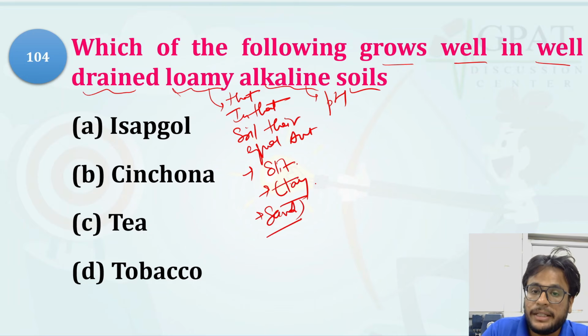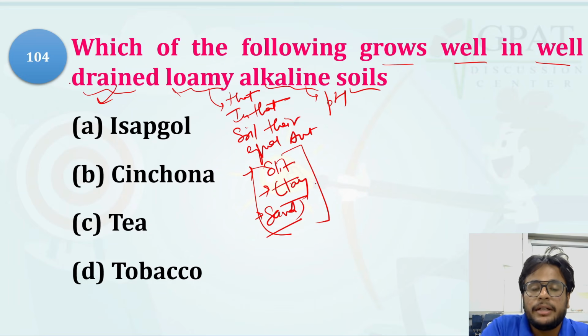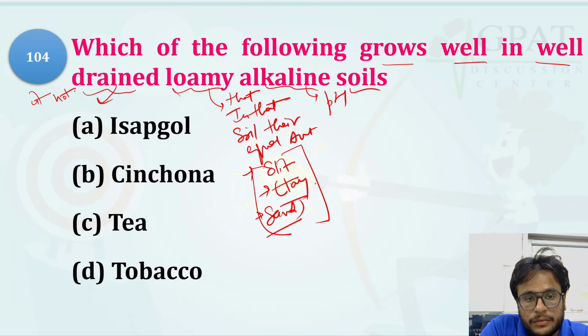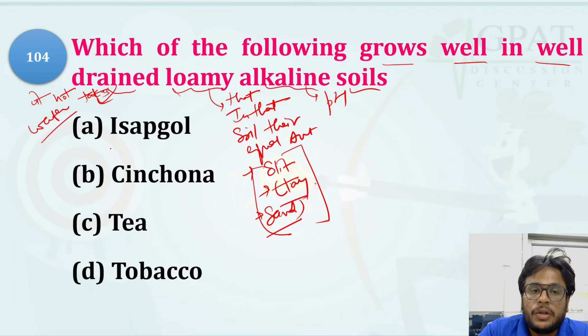All three are present in equal amount, as indicated by the term loamy. And drained means it does not hold water. So which of the following will grow well in drained loamy alkaline soil?